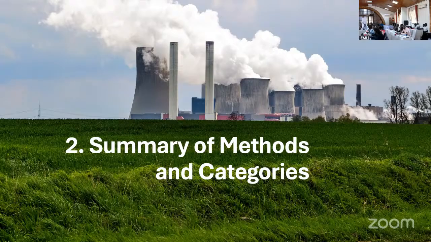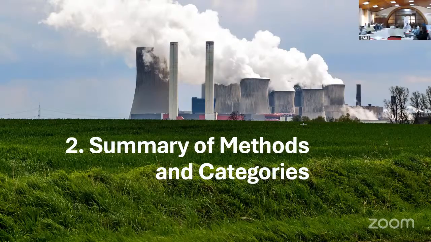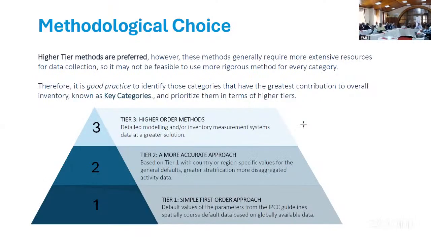So in terms of the methodology, I just wanted to mention that there are basically three tiers under which we report. The Tier 1 methodology is the simplest method, and it is still what we use even at national level. So expect that even at district level, as they prepare their inventories, they still rely on the Tier 1 method.